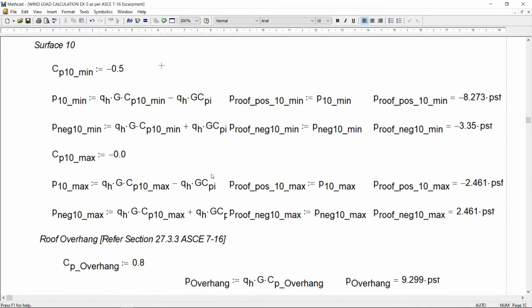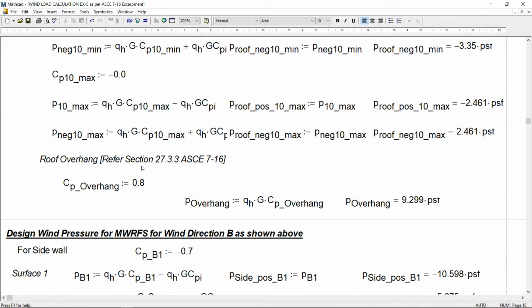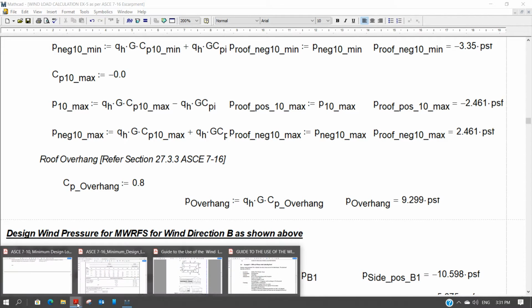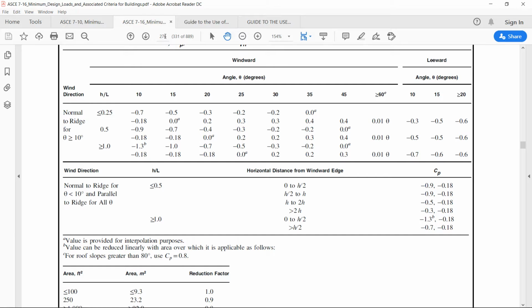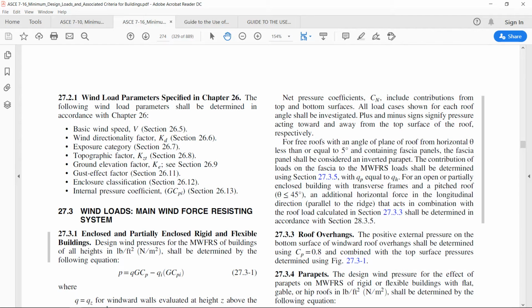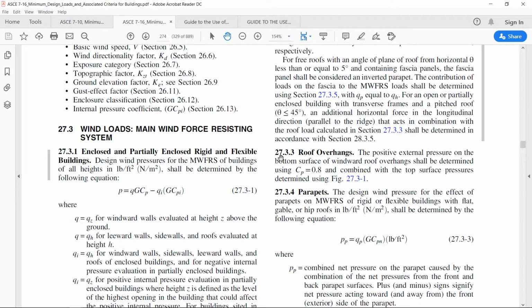and similarly the overhang area is calculated. For overhang, we have to refer to section 27.3.3. Let me show you section 27.3.3. Section 27.3.3, overhang: the positive external pressure on the bottom surface of the windward roof overhang shall be determined using Cp equal to 0.8.